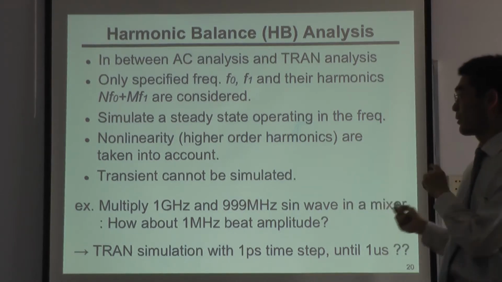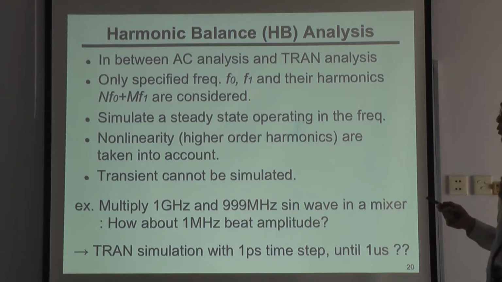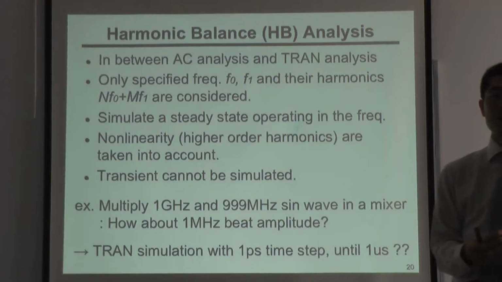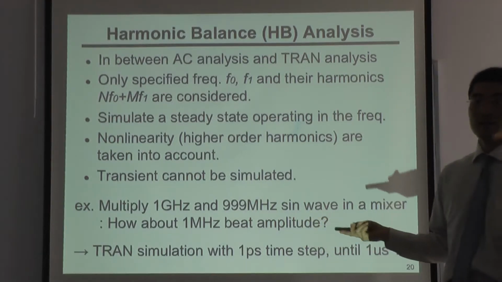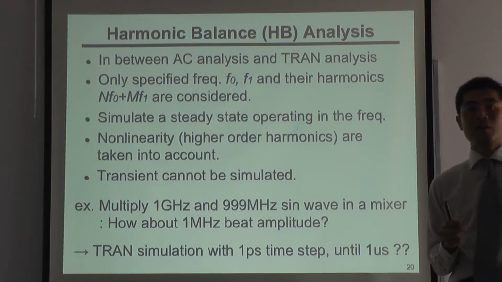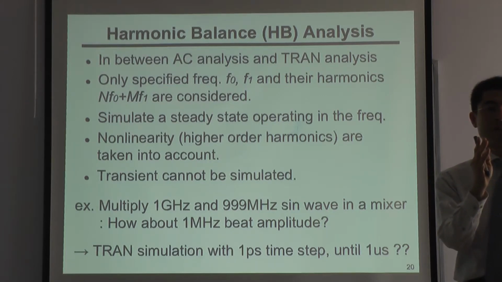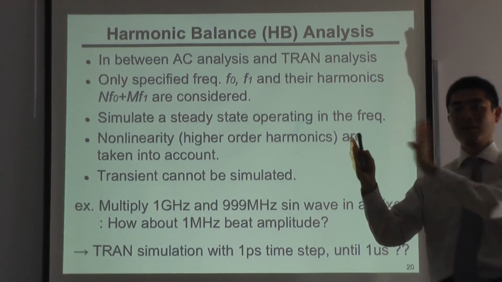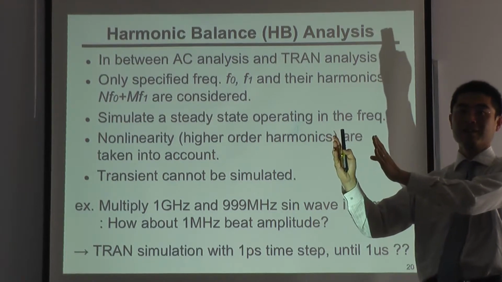So in this harmonic balance analysis, F0 is 1 MHz, and F1 is 1999 MHz, and let's say we simulate this in harmonic balance, and we will easily get the amplitude and phase at 1 GHz, 1999 MHz, 1 MHz, and for example, 2 GHz minus 1991 and 2 GHz minus 2 times 1999.